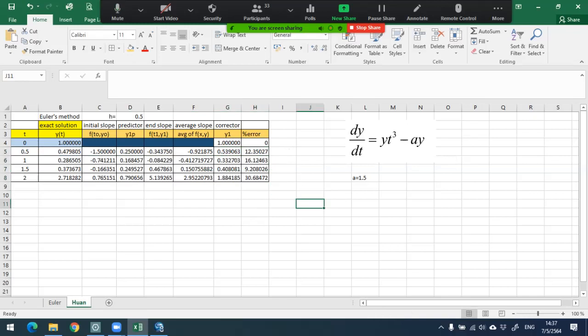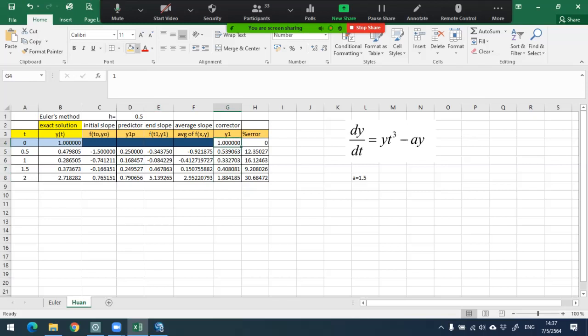We got the solution over here. Because it is working step by step, we use the initial step and the initial value, and then we do the next.